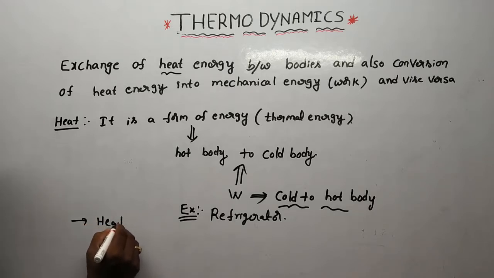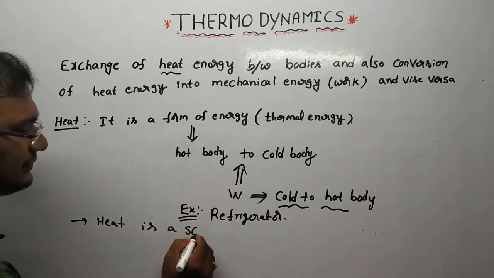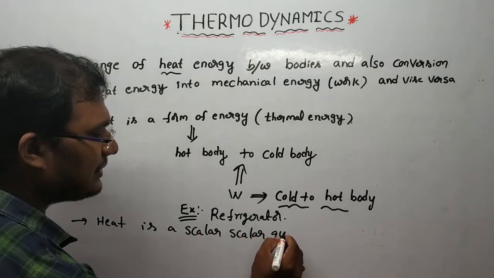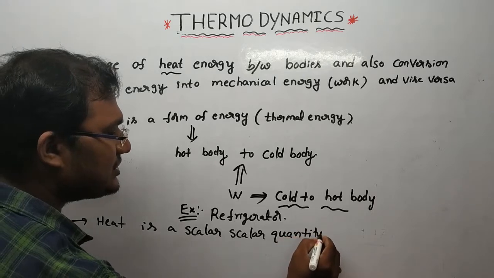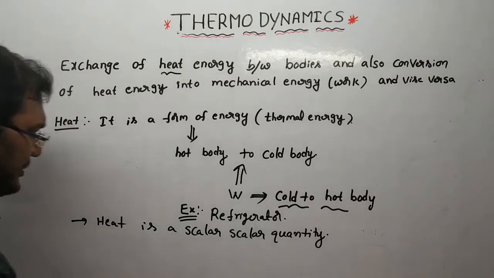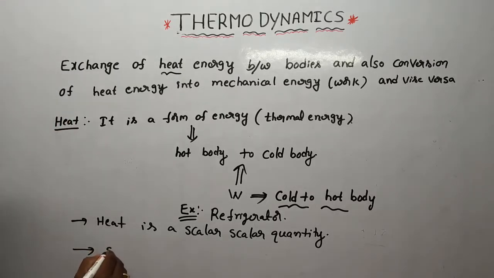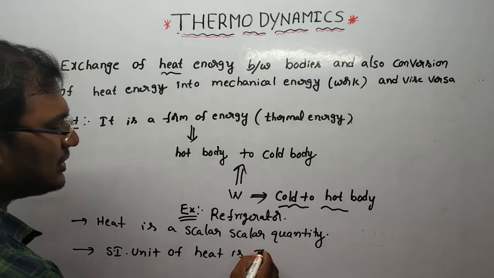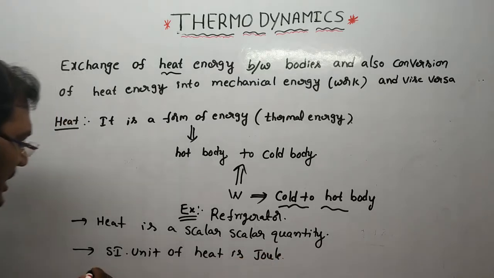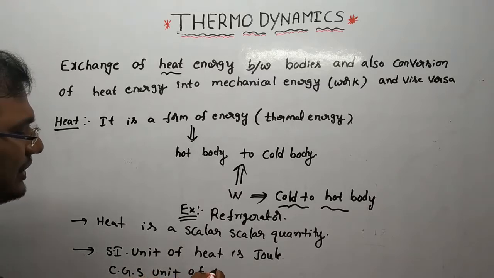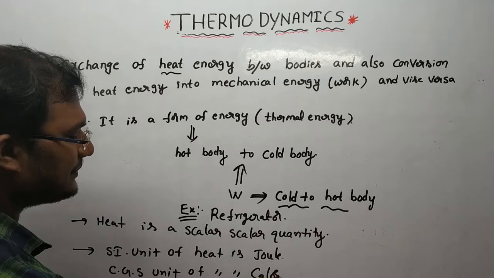Heat is a scalar quantity. That means it has only magnitude. The SI unit of heat is joules, and the CGS unit of heat is calorie.